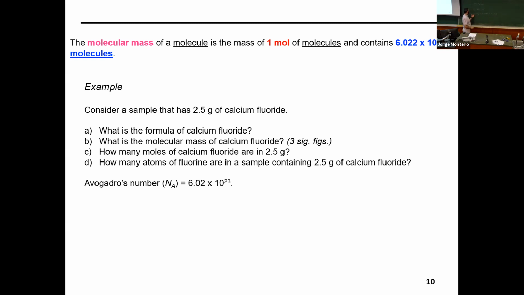And from the molecular mass, I know that 1 mole of calcium fluoride has 78 grams. That's going to be our third part here in the conversion method.